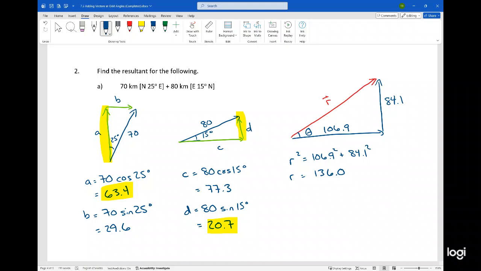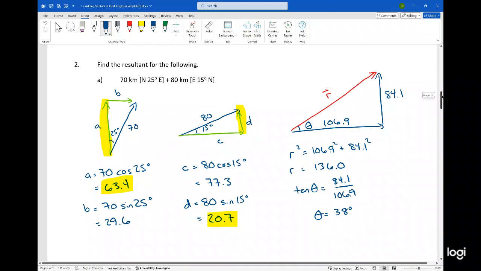Similarly to find theta, I'm going to do tan theta equals opposite, which is 84.1, over adjacent, which is 106.9. And 84.1 divided by 106.9, and then inverse tan, and that gives me 38 degrees.